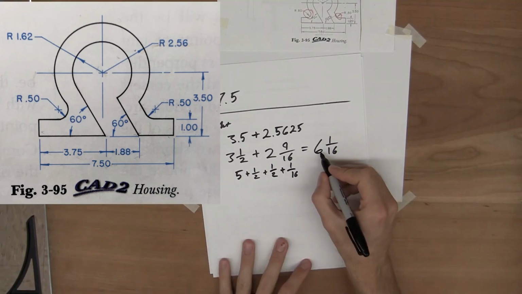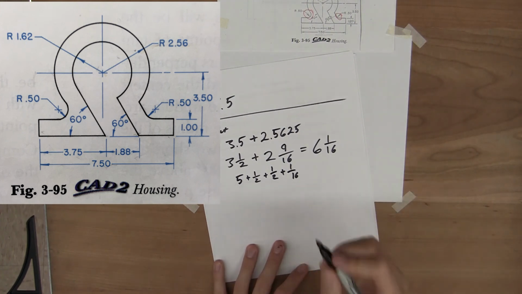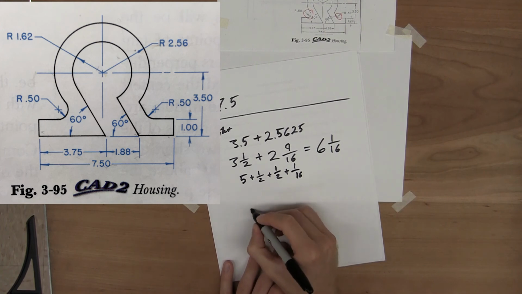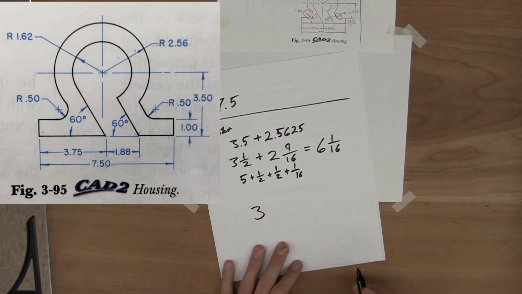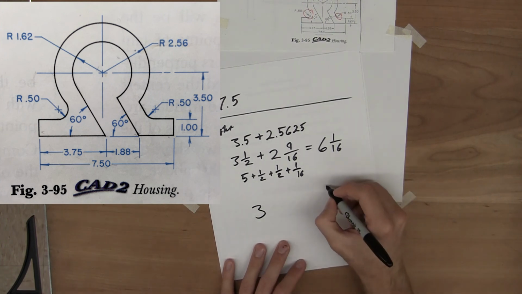Now, oh no, marker. Like I said, the center of that circle is not the center of the total height of this. What we're going to do now is find what's half of 6 and 1/16. Well, half of 6 is 3. Then half of 1/16. Remember, we double the denominator.